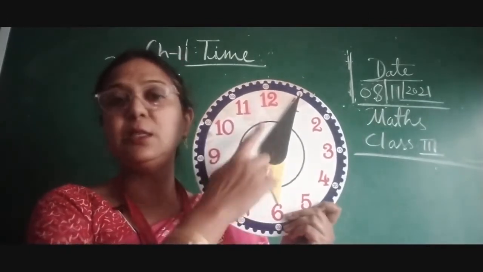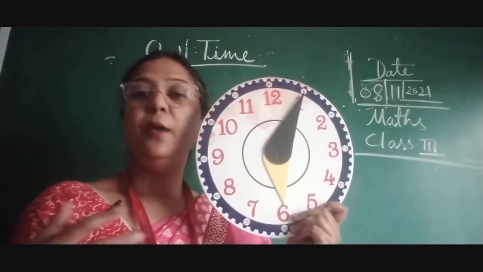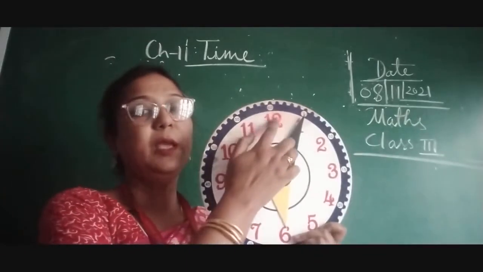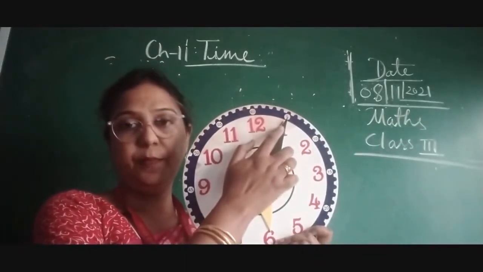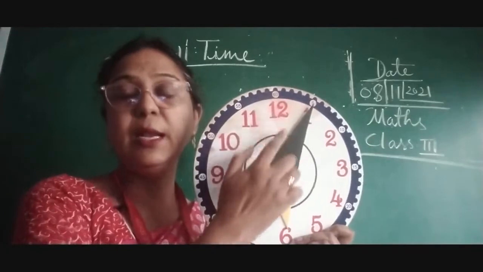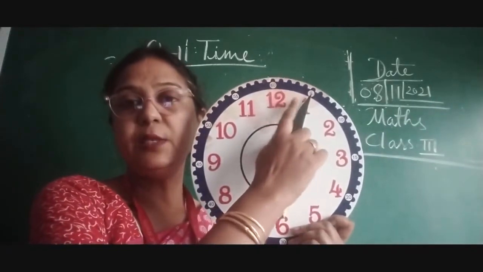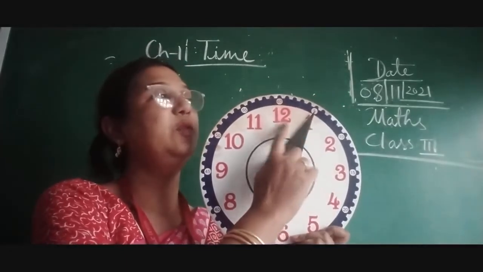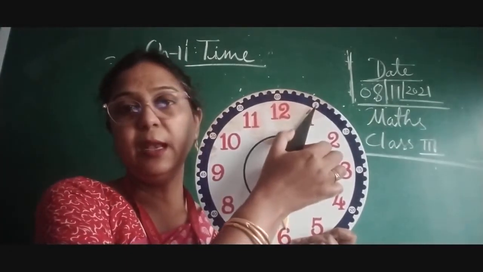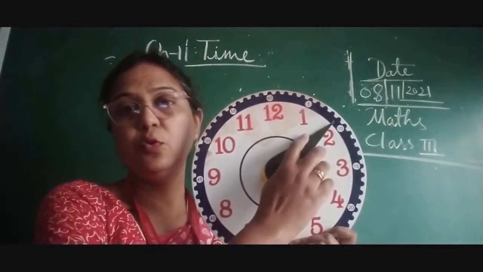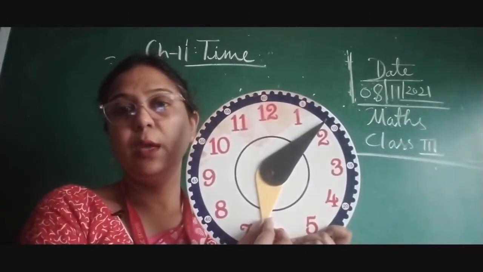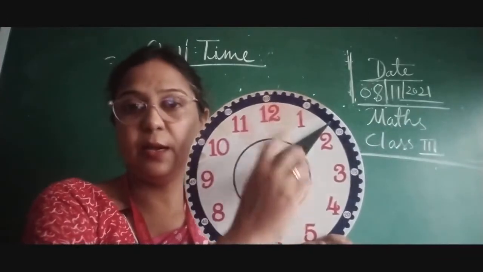This is 6:05. We have already discussed that between each of the numbers you get 5 minutes. If it is at 12 and moves to the 5, it will become 12:05, and if it moves to the 2, it will become 6:10.